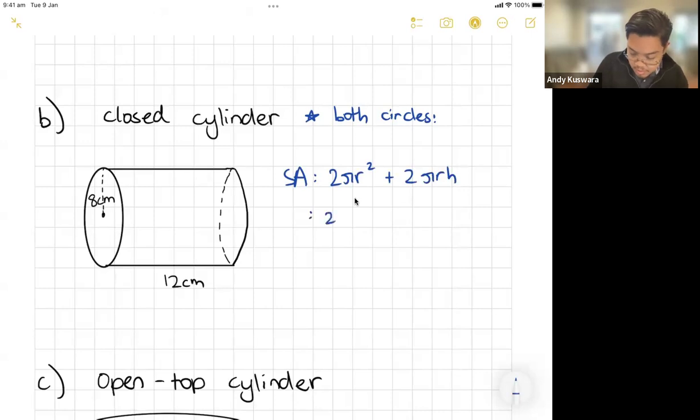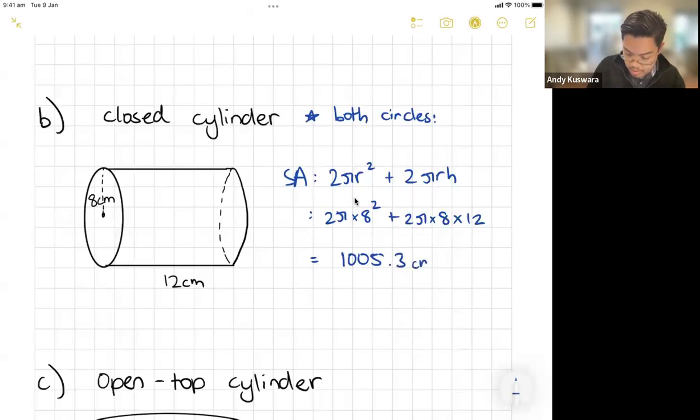I'm going to put it together: 2 times pi times 8 squared, plus 2 times pi times 8 times 12. You should get something like 1005.3 centimeters squared.